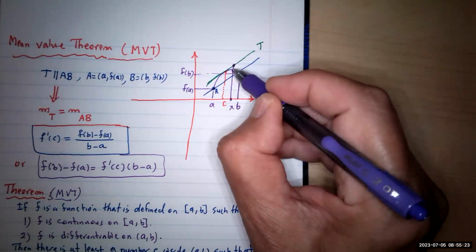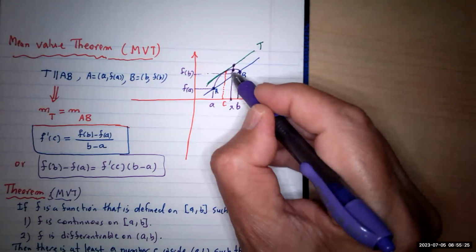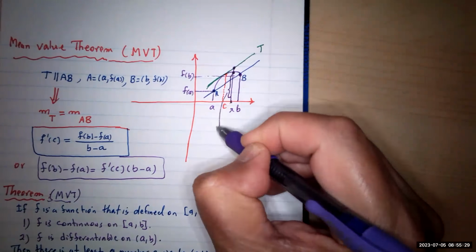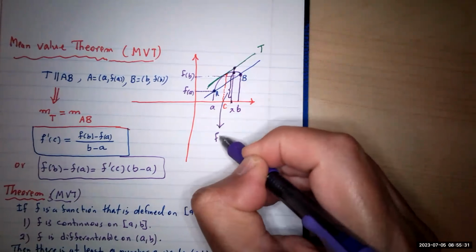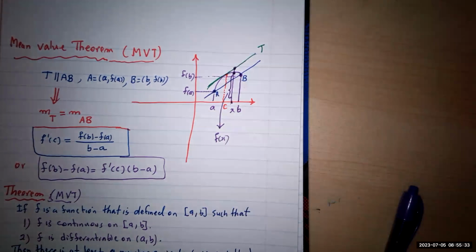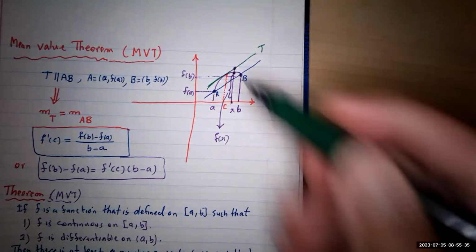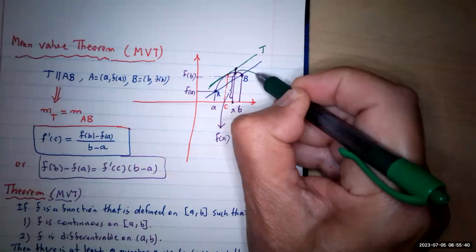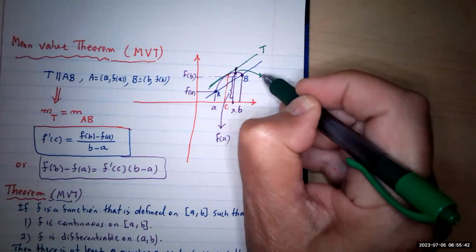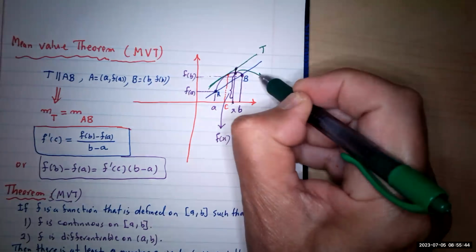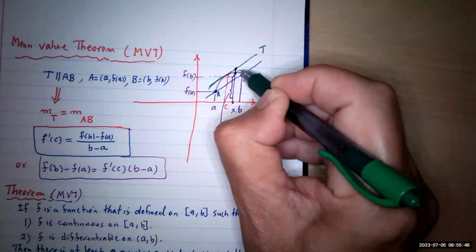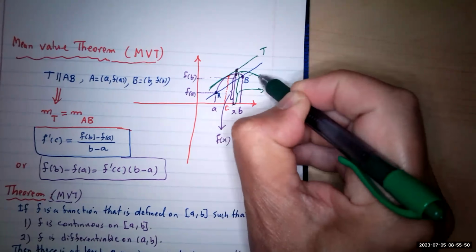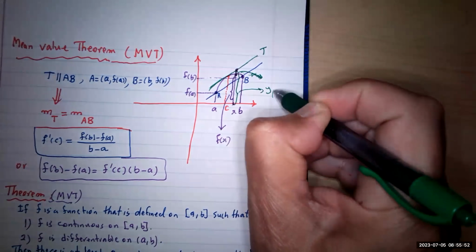This portion over here is going to be f of x. And this portion, the red one and all of them together here, I call y of AB.